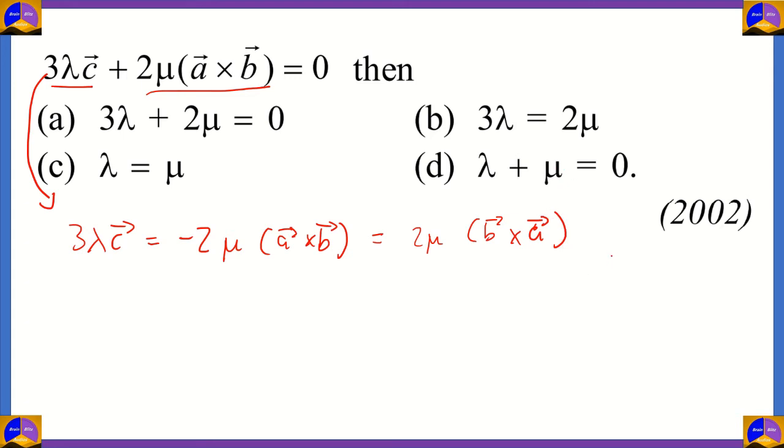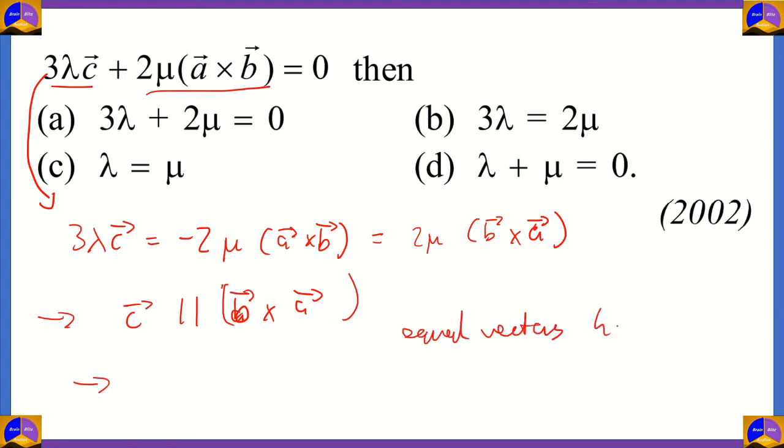Now the important rule is that for two vectors to be equal, their directions must be the same. So that means both of these vectors must be parallel. So vector c is parallel to the cross product of vector b and vector a. Since these vectors are equal as shown in the question relation, equal vectors have equal magnitudes.